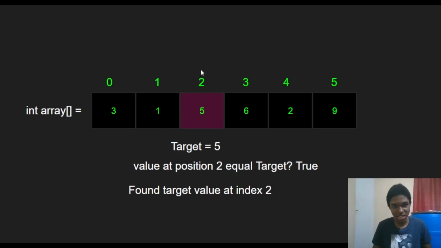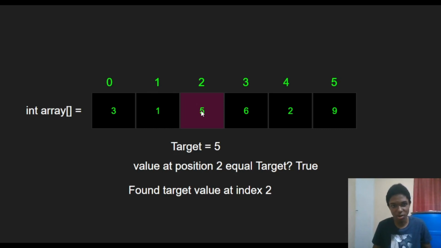In that case, it is at index position 2. So it says, is the value at position 2 equal to the target? In that case, it is true because 5 is equal to 5. And then it found the target value at the index 2 or position 2.